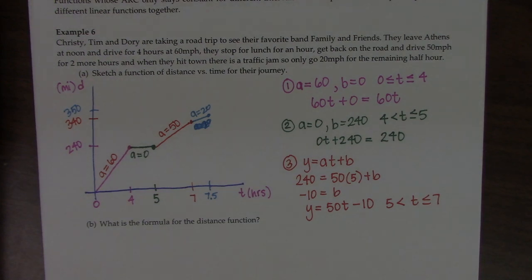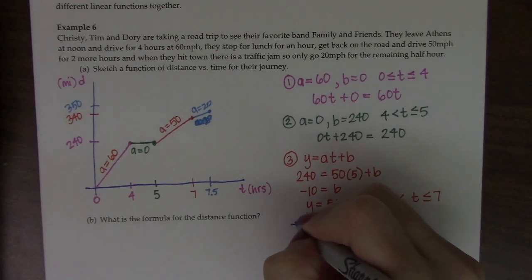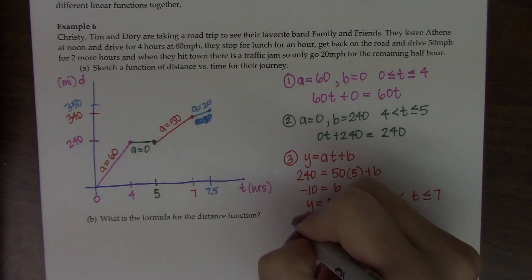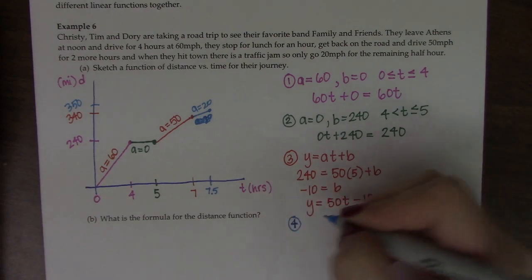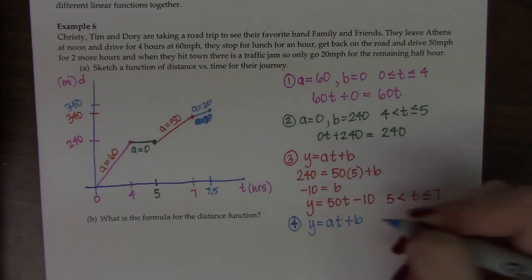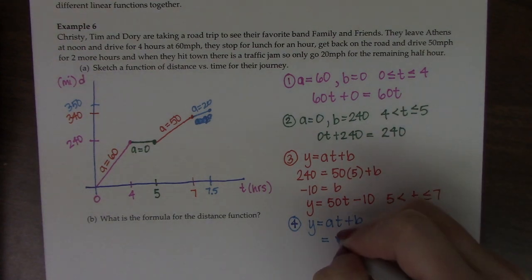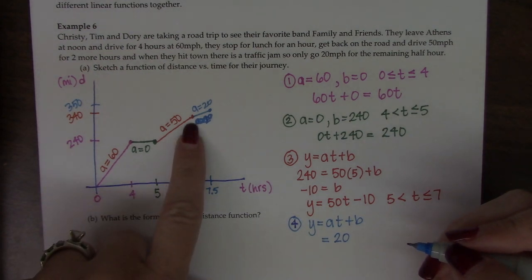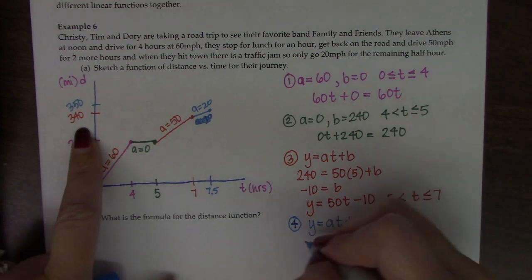So the fourth piece, we're going to use the same method. So we know that our line is going to have the form at plus b. We know a is 20, so I'm going to grab a point on this line. So I'm just going to grab this guy. So when t is 7, we're at 340 miles.